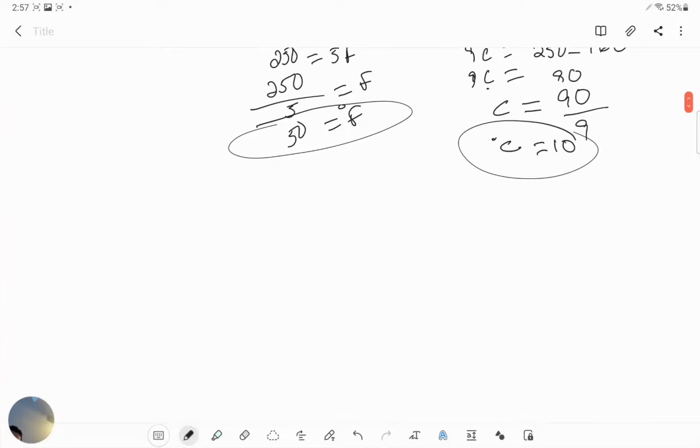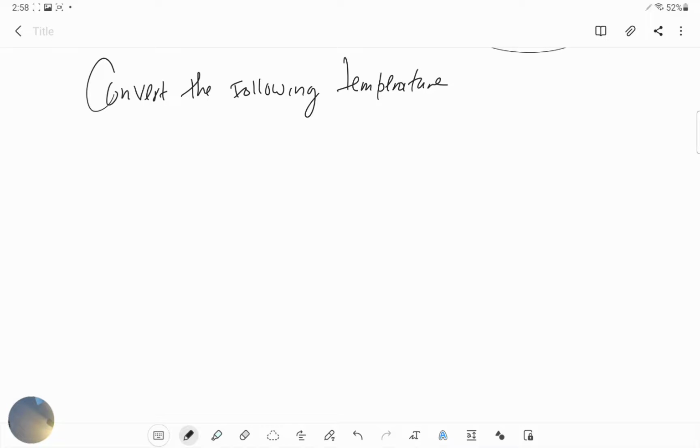Let's do the example in your book, on page 21. It says convert the following temperatures.